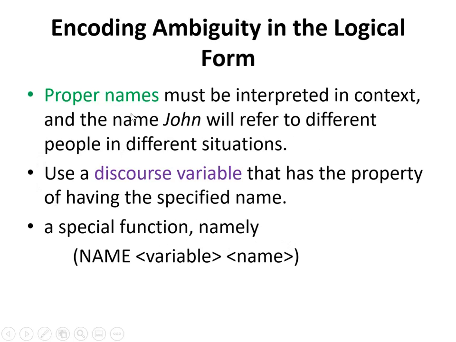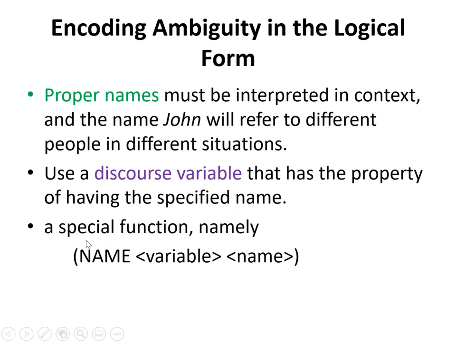Proper names must be interpreted in context, and the name John will refer to different people in different situations. So which John we are referring to should not be ambiguous. We can use a discourse variable that has the property of having the specified name.